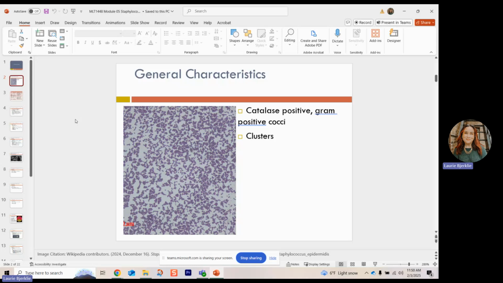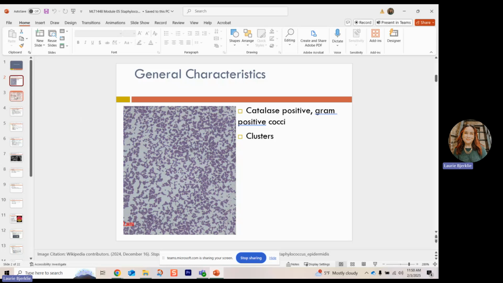Once you know it is a gram-positive cocci, the very next test you always perform is catalase. Staph are catalase positive, whereas next week when we learn about Streptococcus, those are catalase negative. So the catalase will really differentiate between the two groups. That's why we always perform catalase after we determine it's a gram-positive cocci.